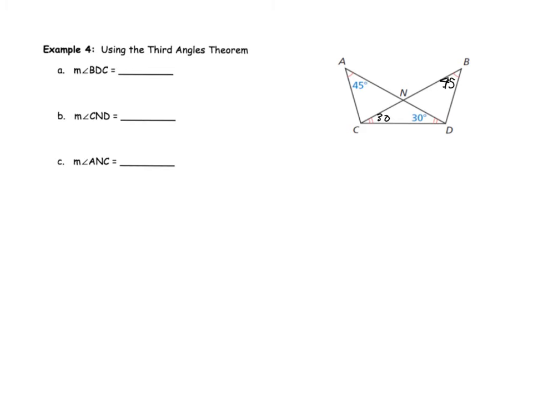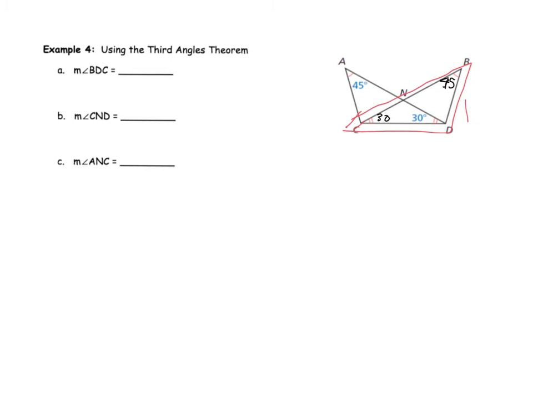Now, to work this out, we need to look at the bigger triangles. Now remember, triangles add up to 180 degrees. So in this bigger triangle, let me mark it for you in red so you guys can see it here. This triangle here is the one I'm looking at, CBD, this whole triangle right there.